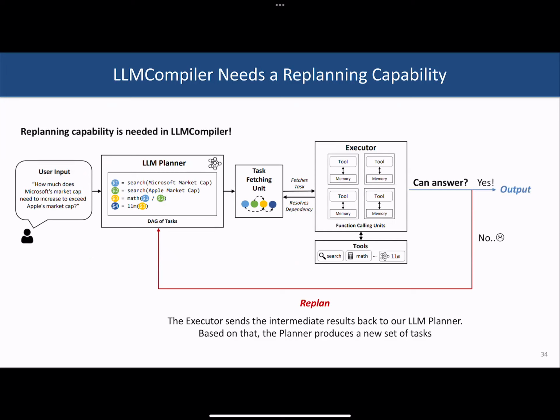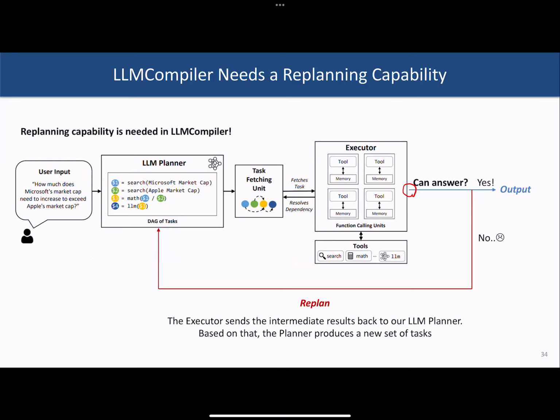So this can also be incorporated into LLMCompiler. Once all the initial plans are executed, you ask your LLM whether it can answer directly to the user. If it's answerable, it's good, right? It's the end of the execution.